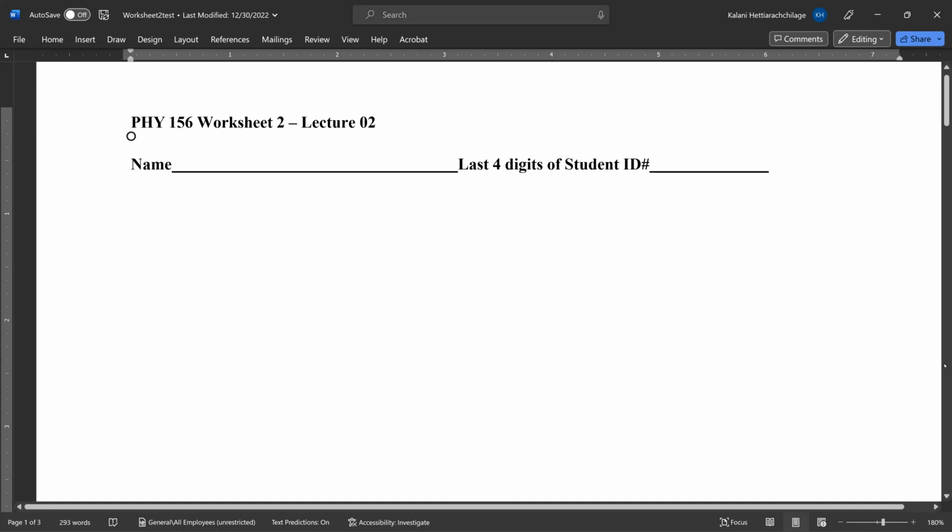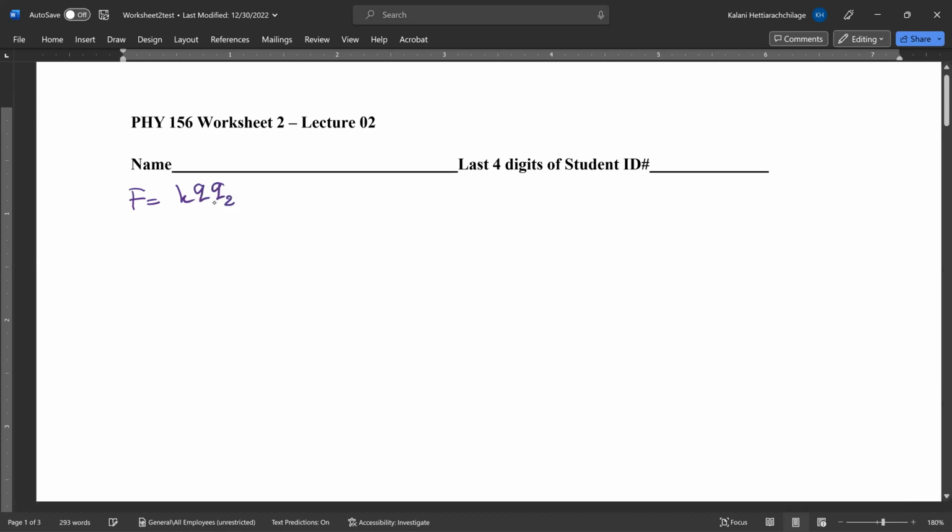And we know that the electric force in magnitude will be equal to K times the charge of one particle and the charge of the second particle, divided by the distance squared between the two charges.